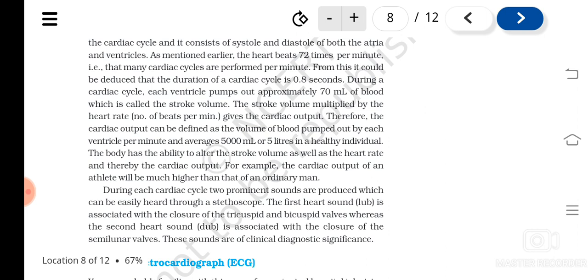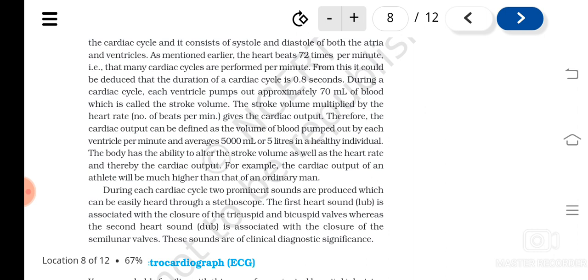Understood? Then you can see two sounds that are produced while the heartbeat is happening, through the stethoscope. So when you go to doctors for any reason, they will check your heartbeat through an instrument known as a stethoscope, isn't it? So what are they checking?